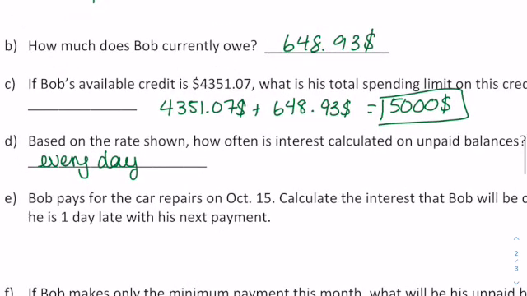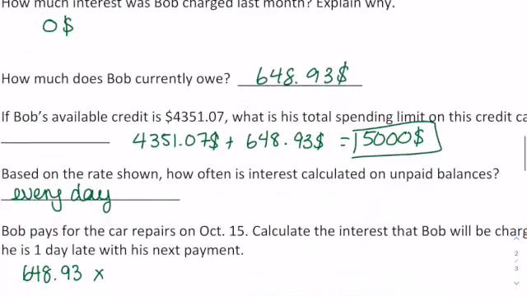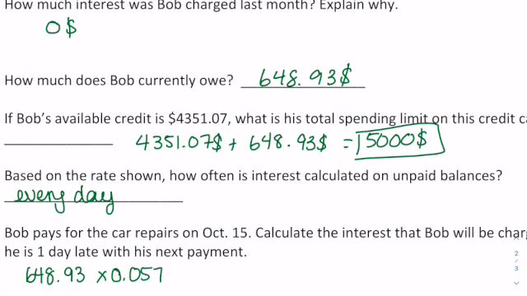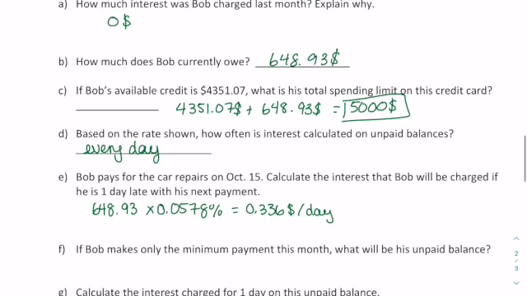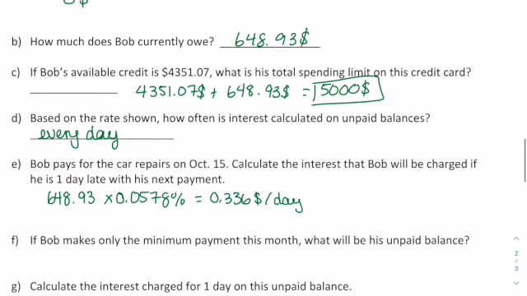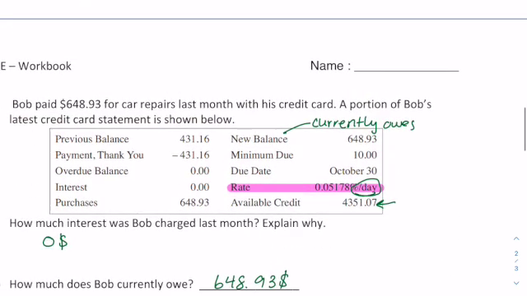So if you have the total sum, and then his interest rate is 0.0578%. So this is how much per day he gets charged on interest for that one. Okay. If he's being charged, so he had October 15th is when he paid it, and his payment is due October 31st.